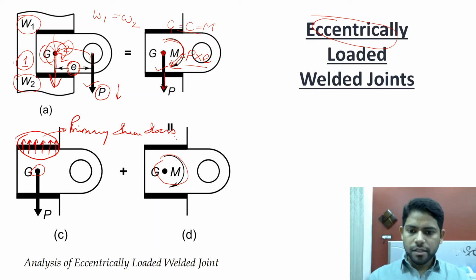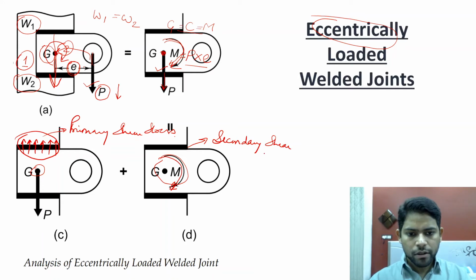Similarly, there will be some torsion in this weld, and because of this moment there will be some shear stresses. We will talk about the direction of these shear stresses later on the slide, but we will call this type of shear stress secondary shear stress.